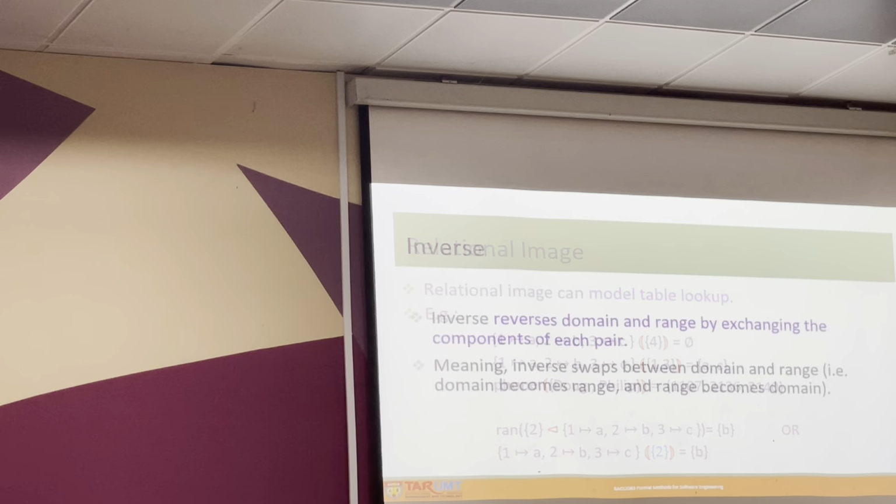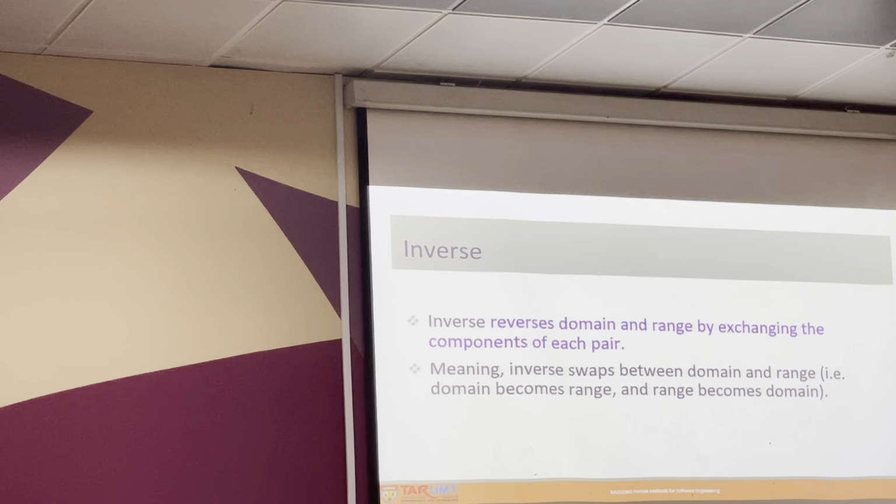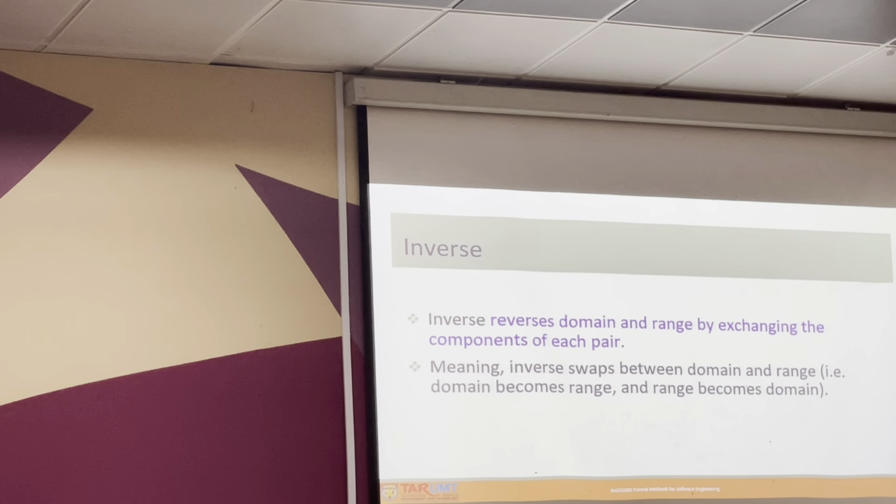Okay, inverse. Inverse means swap the record between domain and range: domain becomes range, range becomes domain. Okay, swap, like terbalik lah. That is inverse. So this one is an example only.